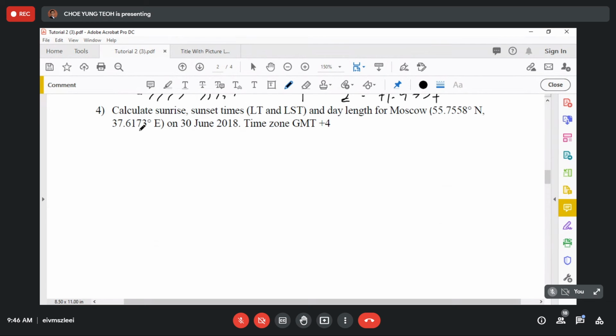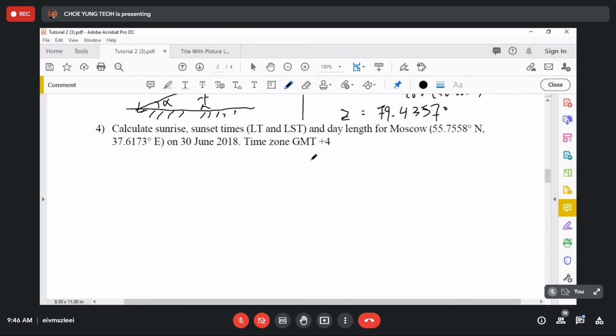So you need to calculate the sunrise, sunset time, and the day length of Moscow on 30th of June 2018, time zone GMT +4. Again, we define only the local solar time. We don't need to convert to local time.